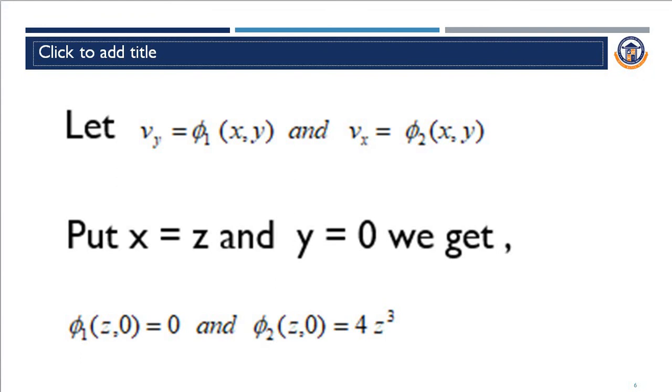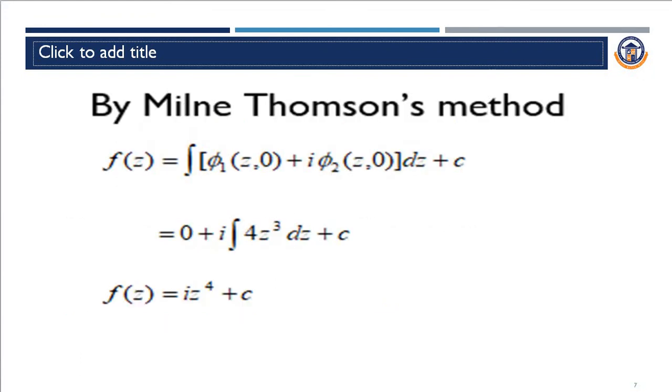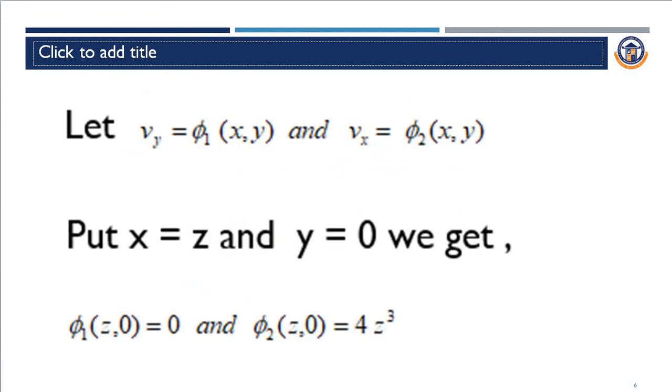Substitute in the Milne-Thomson method formula. We know the Milne-Thomson method for the imaginary part is f of z equal to integral of phi 1 of z comma 0 plus i into phi 2 of z comma 0 dz plus c. Phi 1 of z comma 0 is 0 and phi 2 of z comma 0 equal to 4z cube.